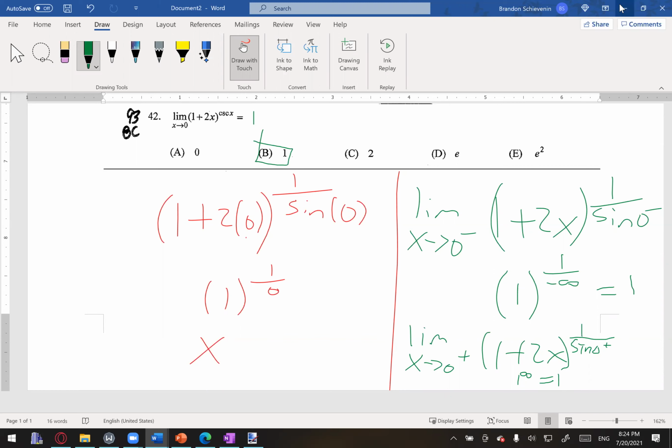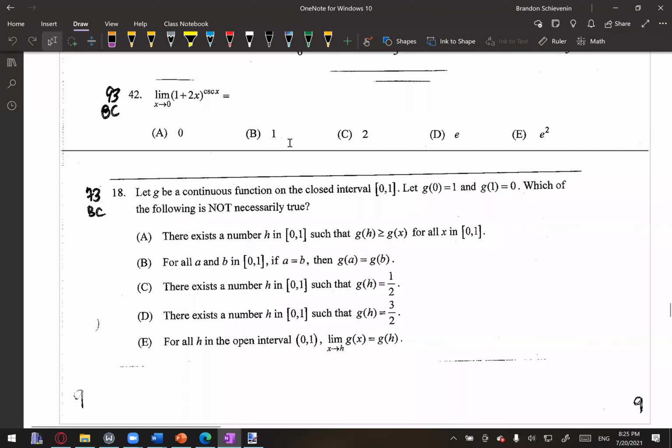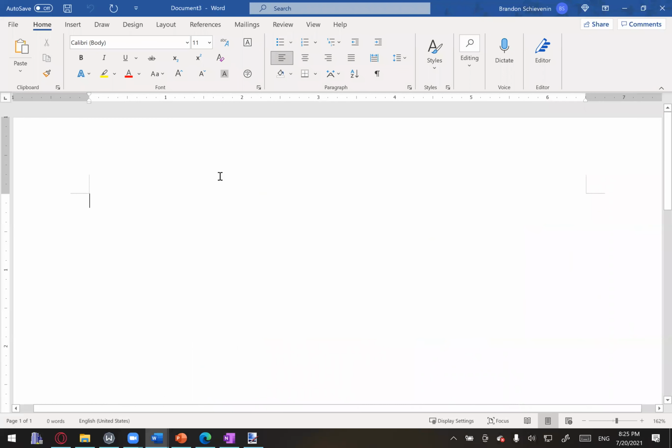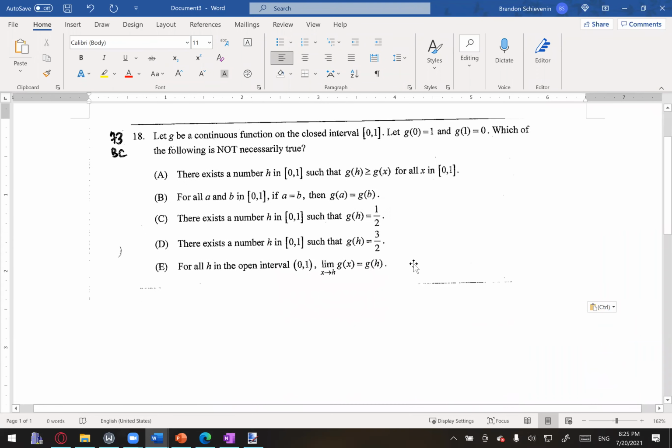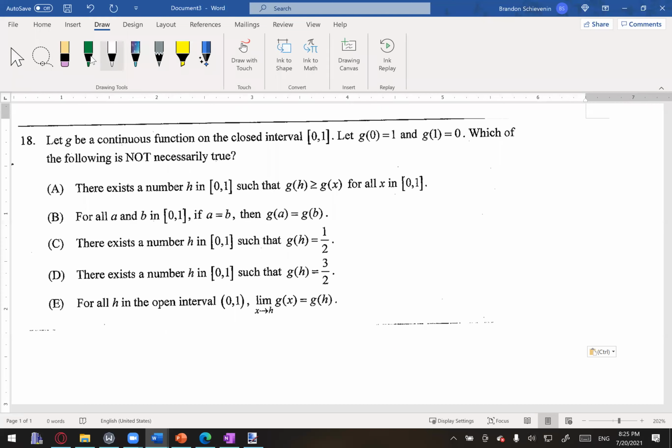Okay, and then I've got one more. We've got a continuous function on our interval 0 to 1. We know g at 0 is 1 and g at 1 is 0. So I'm going to draw that really quick.